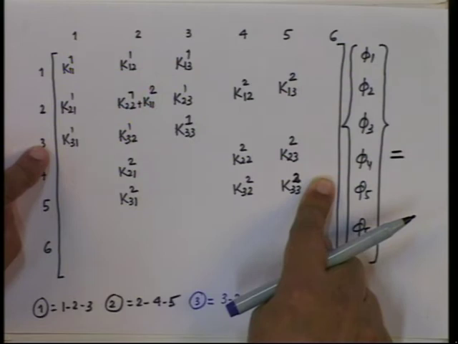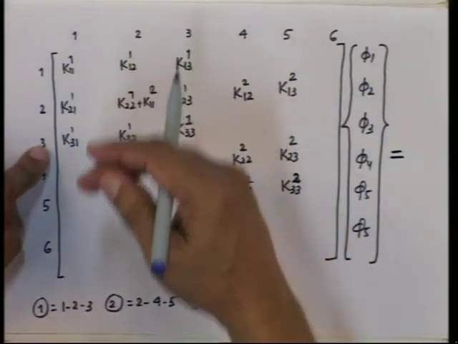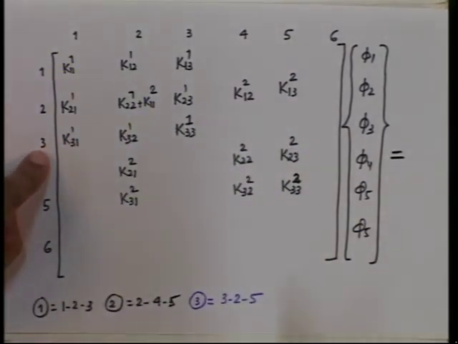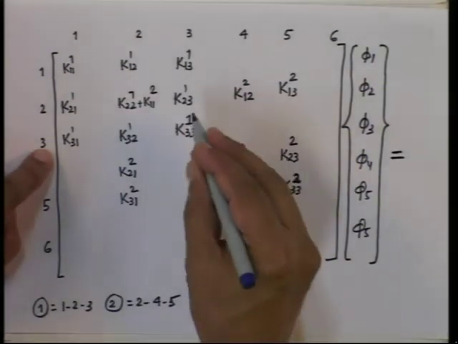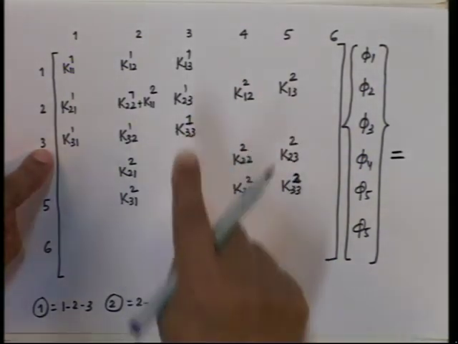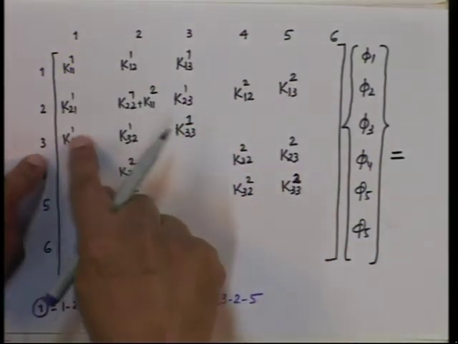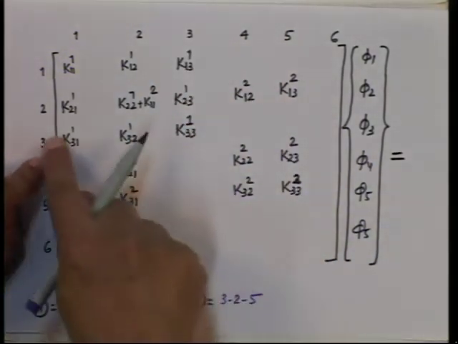So, here only people make mistake. It is not coming from 2, 3, 4 or something, the first. So, element 3 is 3, 2, 5. So, the third one is 3, 2, 5. Wherever it is cutting, this is my diagonal 3.